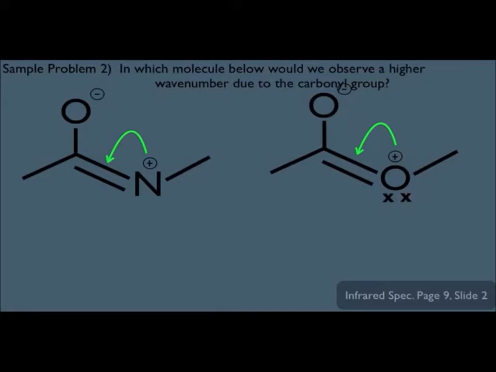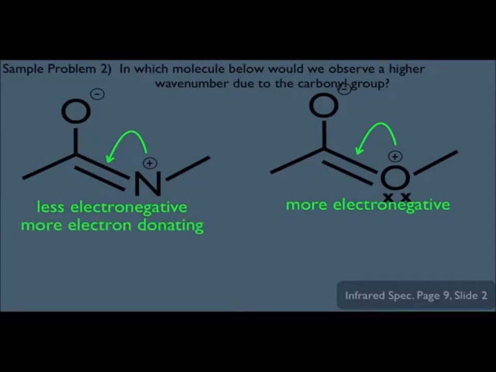Well, remember, think of electronegativity. Nitrogen is less electronegative and oxygen is more electronegative. If nitrogen is less electronegative, he's more likely to donate the electrons to the left. Whereas oxygen, being more electronegative, he's more likely to hold on to those electrons more tightly, therefore he's less electron donating.